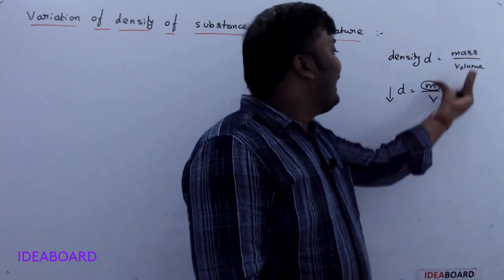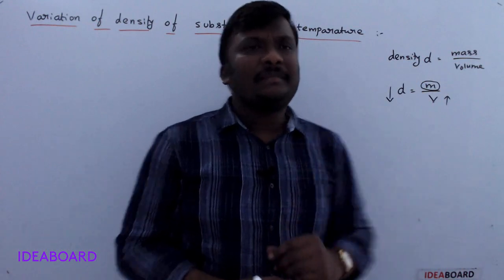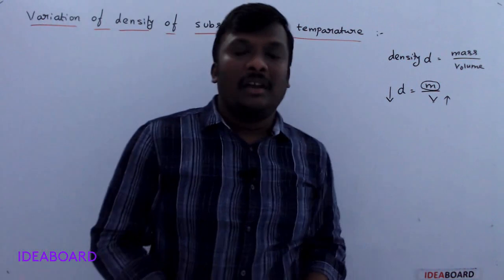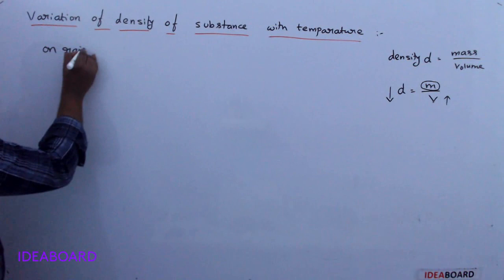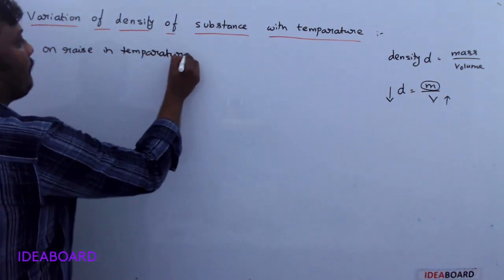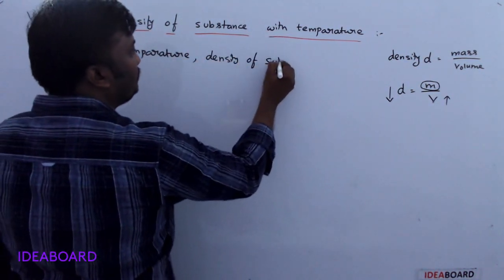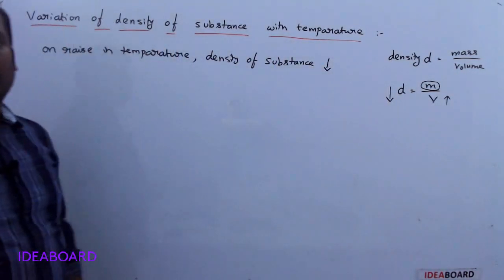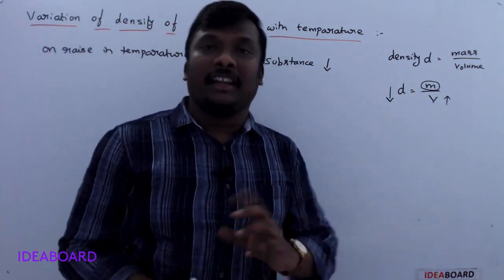So what happens to the density of a substance with temperature? On rising temperature, the density of the substance decreases.